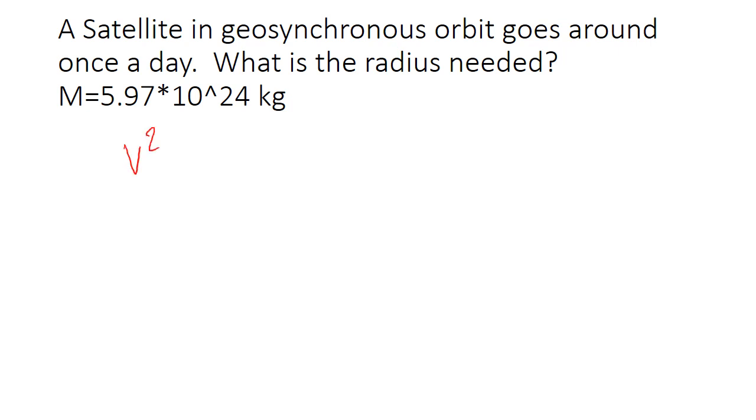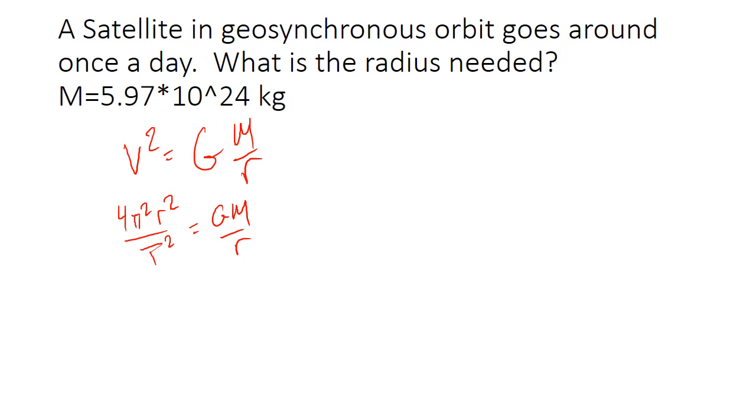So v squared is equal to GM over r. Now, I'm going to forget this formula by the end of the day, so don't feel like I'm always going to do it. I'm going to start over from the universal law once we get there. So v squared is going to equal 4 pi squared r squared over T squared, is equal to GM over r.